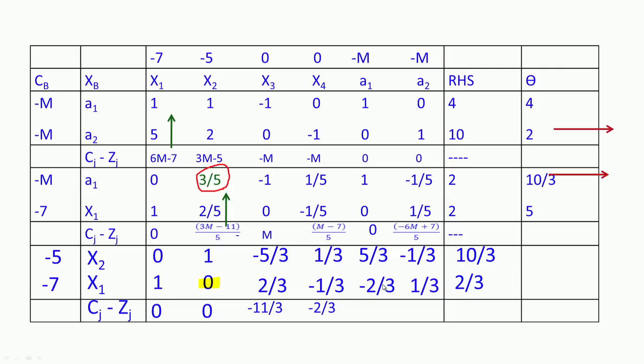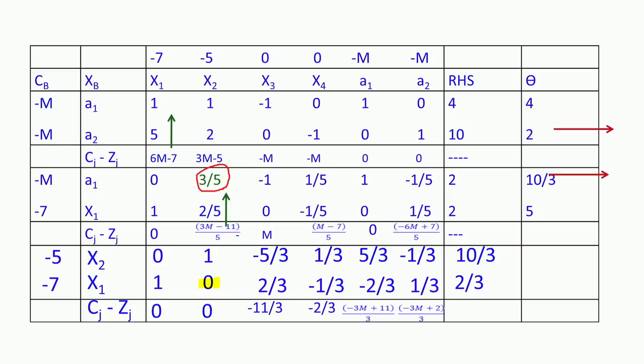So minus m plus 11 by 3, which is minus 3m by 3 plus 11 by 3. The last one is plus 5 by 3 minus 7 by 3, which is minus 2 by 3. So it becomes minus m minus minus 2 by 3, which is minus m plus 2 by 3. So this will become minus 3m plus 2 by 3.